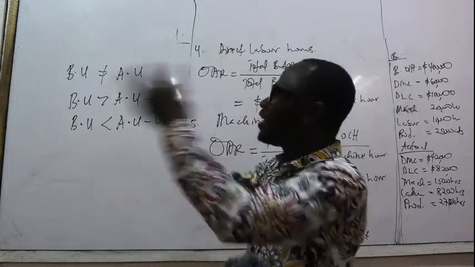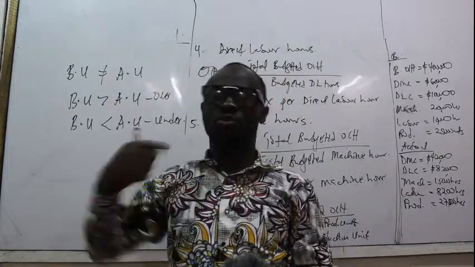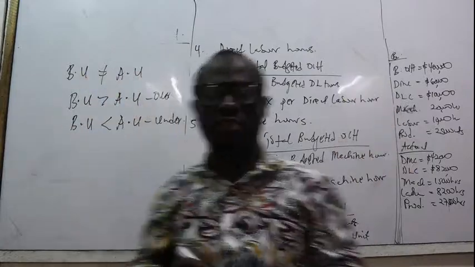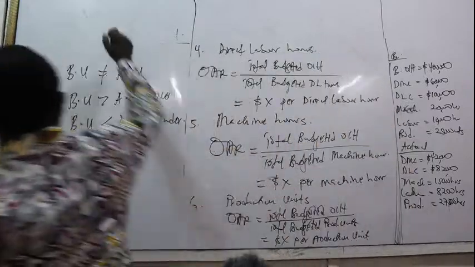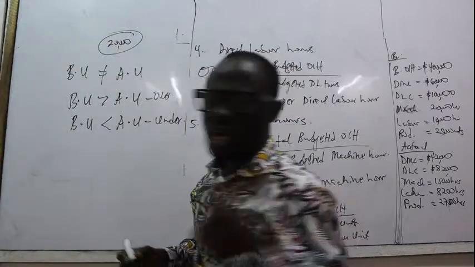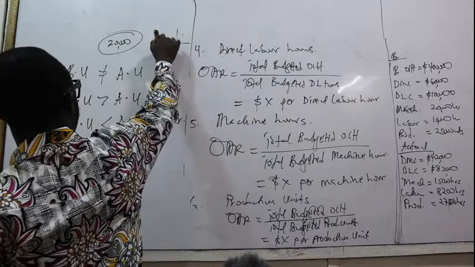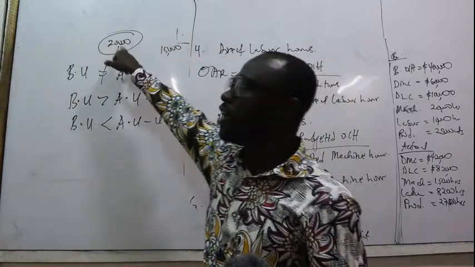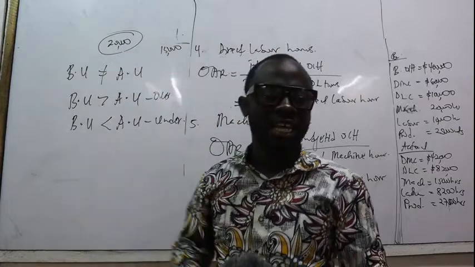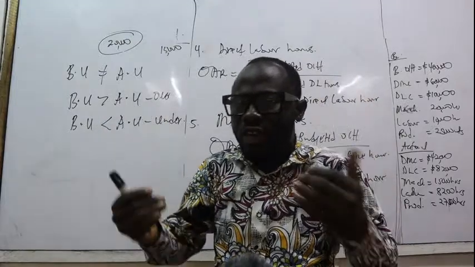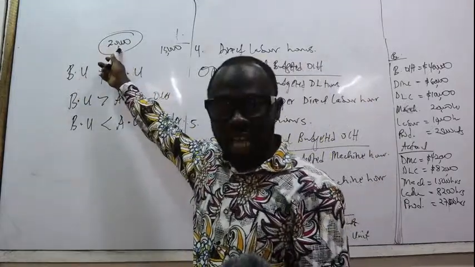So where the budget is more than the actual, that means we've budgeted more than what we are supposed to. For instance, maybe the organization decided that they want to produce 20,000 units, but they actually ended up producing 15,000 units. Since they budgeted to produce 20,000 units, the fixed overhead was set in line with 20,000 units.